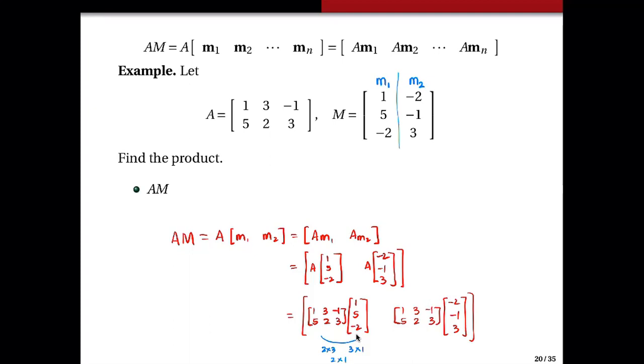Same is true with this: you have 2 by 3 here and 3 by 1, so you end up with 2 by 1. Try to work on this. You should end up with the same answer as before, so check your final answer with the one we had earlier.